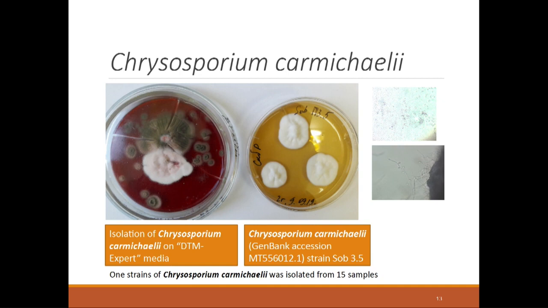You can see it on the left slide, and the white colony is surrounded by gray mold fungi. So just to recap, we obtained 3 cultures of Onygenalean fungi from 15 samples, and each of them was isolated from an individual skin sample from the sable.